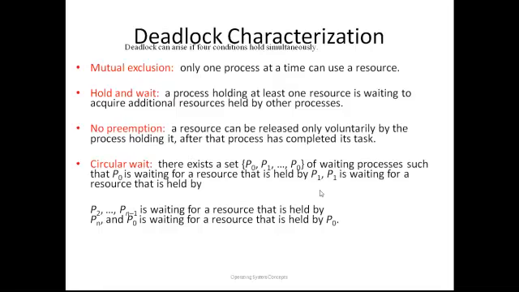And the final one is no preemption, where a resource can be released only voluntarily by the process holding it after that process has completed its task. Until that point, other processes have to be in a waiting state. So deadlock arises.